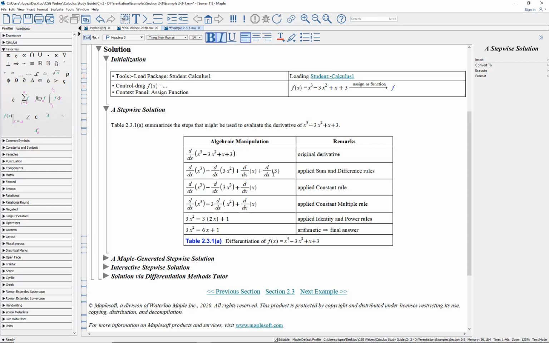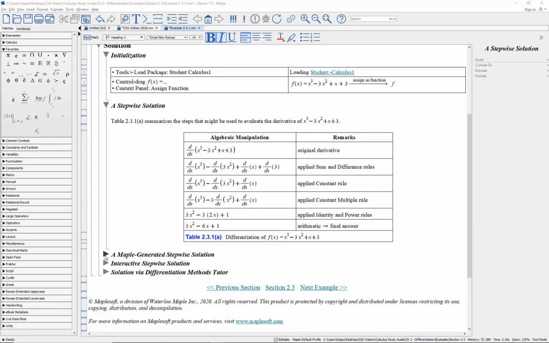Derivative of a constant is 0. A constant multiple, here this 3 is taken out. Then two rules. Identity rule here, this is what Maple calls the identity. And the power rule is applied here. You do a little arithmetic, and you get this final result.